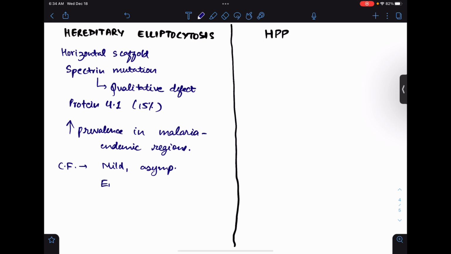Clinical features, it is mostly mild, asymptomatic. People can develop episodic hemolysis in the setting of acute illness.